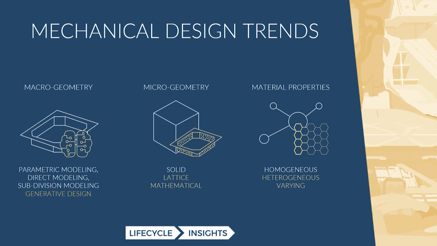Being able to specify how material properties vary spatially and geometrically can also let the mechanical engineer define how the same exact shape can have dramatically different performance, but with different materials. Big advances on all fronts, and they are positioned to dramatically affect how mechanical design looks going forward.